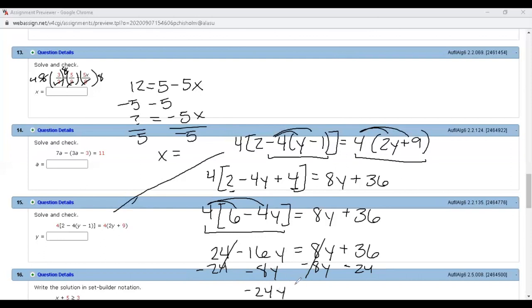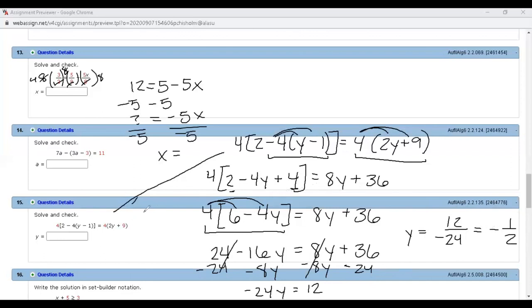So we get -24y equals 12. Then we divide both sides by -24, and we get y equals 12 over -24, which we can reduce to be -1/2. Okay?